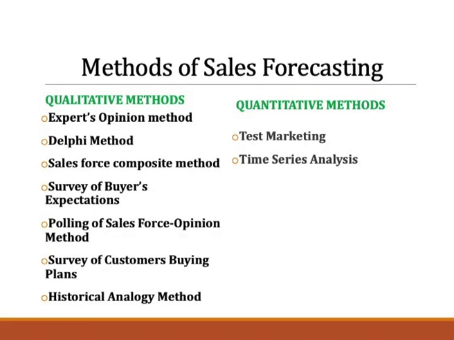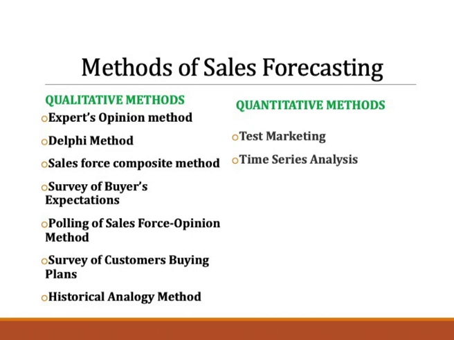Now let us study each of the qualitative methods and each of the quantitative methods. So our qualitative methods are experts opinion method, Delphi method, sales force composite method, survey of buyers expectations, polling of sales force opinion method, survey of customers buying plans and historical analogy method.